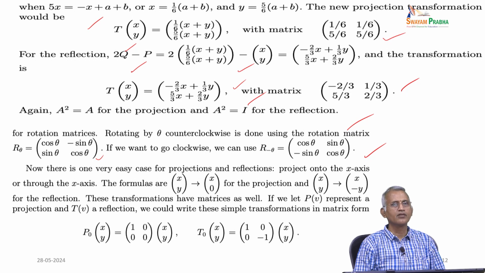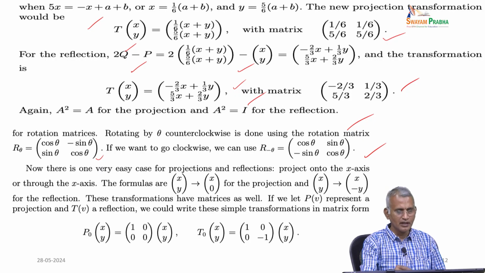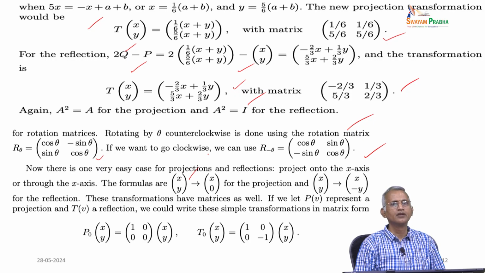The projection onto the x axis or reflection through the x axis, the formulas are (x, y) maps to (x, 0) for the projection, (x, y) to (x, minus y) for the reflection. So, these transformations have matrices as well.